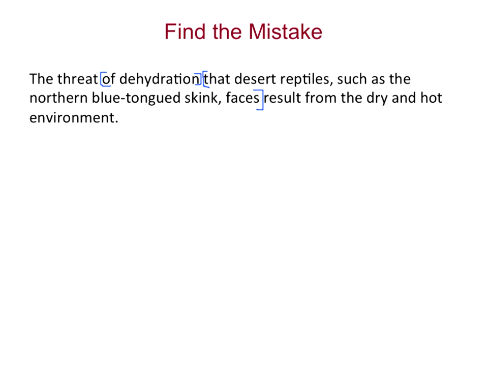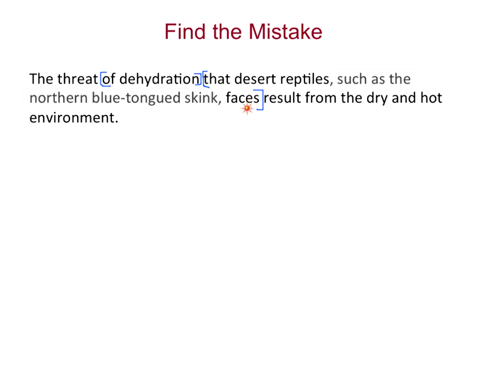So what I did here was I nested a bunch of modifiers. And I tossed in, are you getting a theme here? I tossed in something in the middle so that you would get distracted, just like that last one did with the two hyphen thingy. So I tossed in this example in the middle so that you'd get distracted and maybe miss that desert reptiles should go with face. They should both be plural.